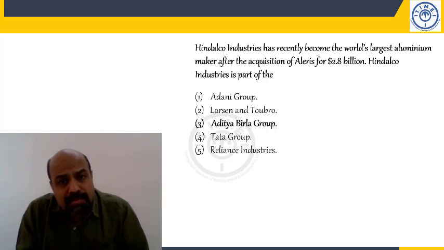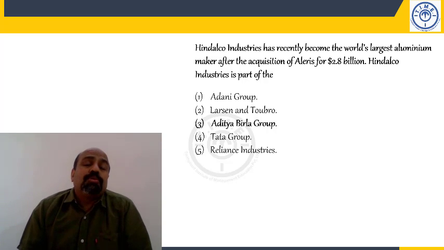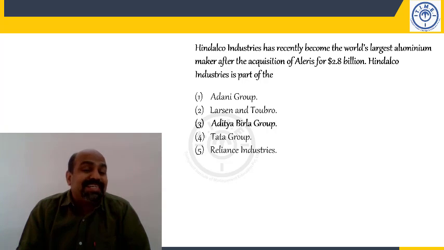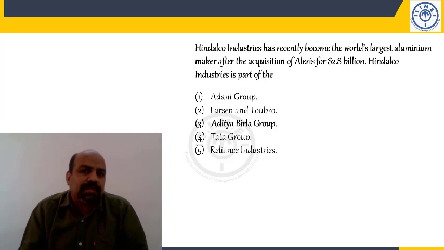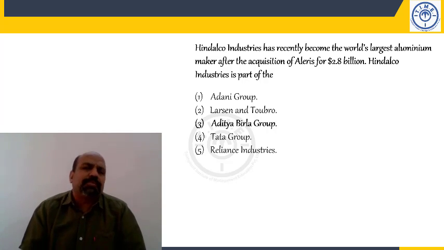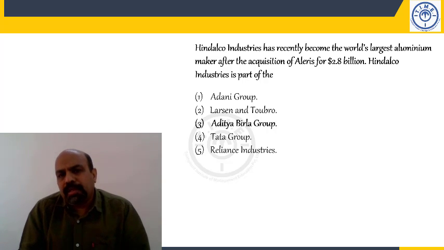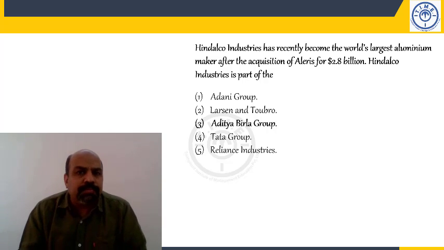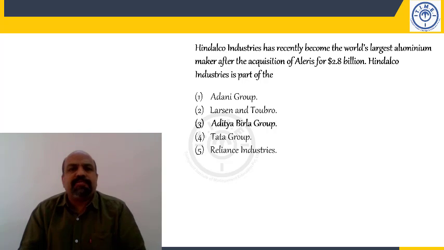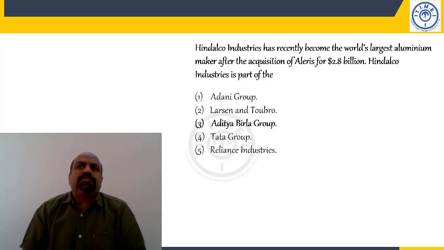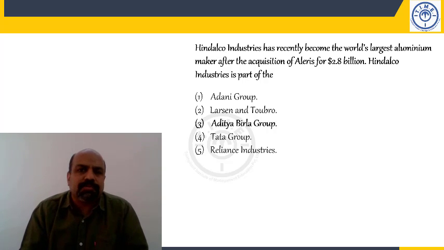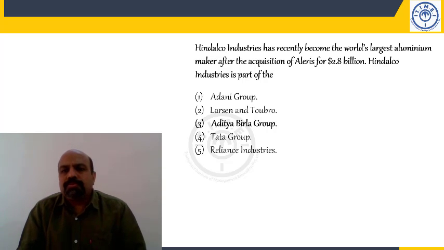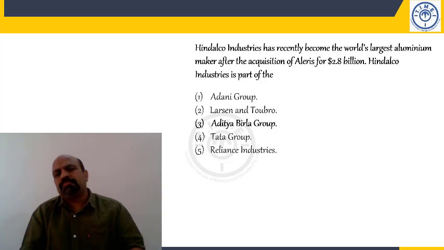Do you know Madura Garments? No? Madura Garments is the owner of brands like Allen Solly, Peter England, Van Heusen, Louis Philippe. They own all that stuff. It's a huge company. आप जो कुमार मंगलम बिरला हैं, I think he's an MBA from London Business School, and if I'm not wrong, he's also a chartered accountant. That much I know. So it's a huge group.